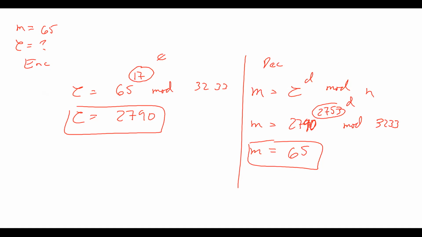Remember, D is really the private key. D and N are the private key. The private key, as you will see, is always longer than the public key. That makes sense because it's the one thing that you don't want anyone to break. So the longer it is, the harder it is for people to break. It just works out perfectly that the algorithm for D gives you a longer sequence of characters than for E, okay?